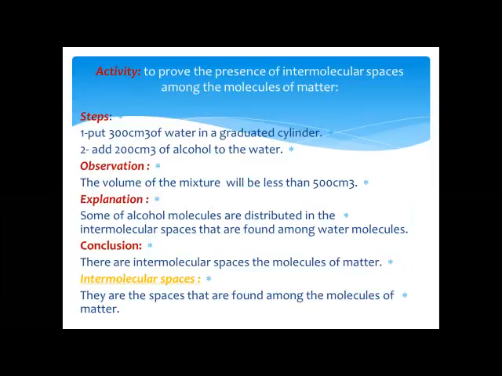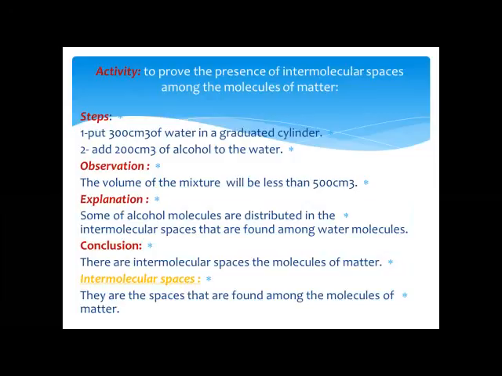You can measure with me. When I put 300 cubic centimeters of water in a graduated cylinder and add 200 cubic centimeters of alcohol, logically the sum equals 500 cubic centimeters, but the observation is that the volume will be less than 500 cubic centimeters.